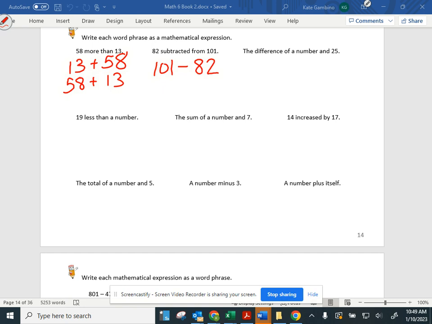And here's why. Look at our next one. The difference of a number and 25. How would I write that? What do you think, Nora? So why did you do 25 minus n?